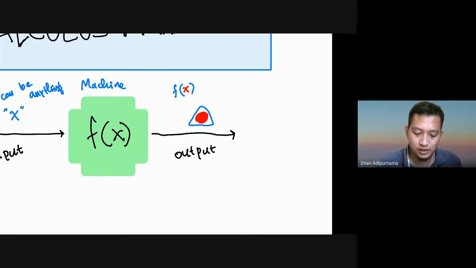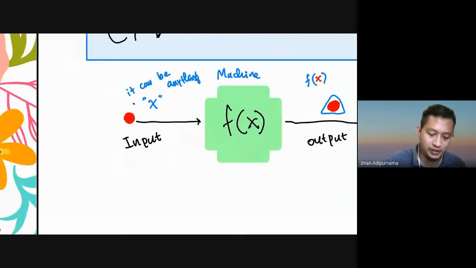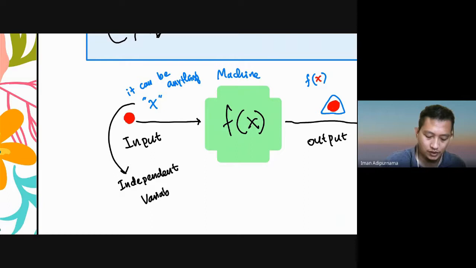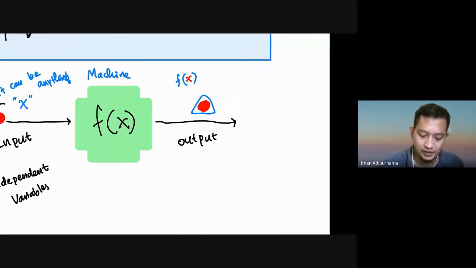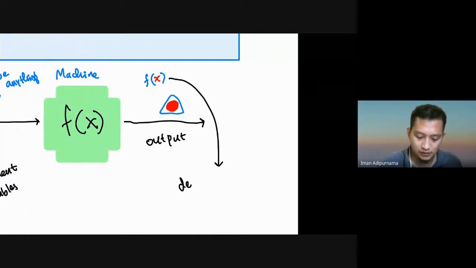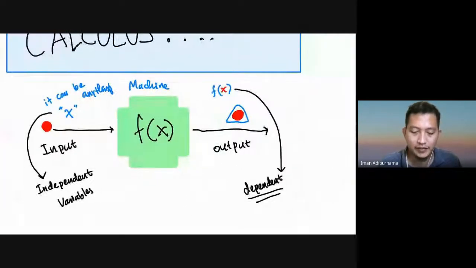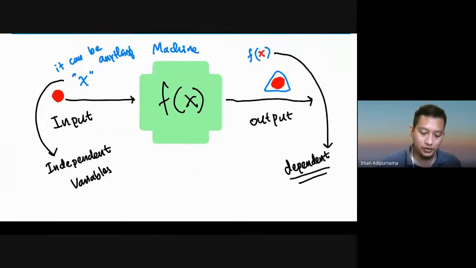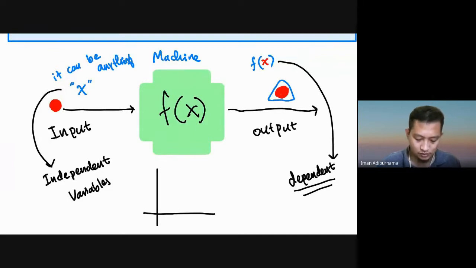This is just a review: we call the x the independent variable, and this f of x here is dependent. This shows that x and f of x are related. Usually you are given a small xy curve. I prefer writing x and y, not f of x, just y, because this is a general interpretation.